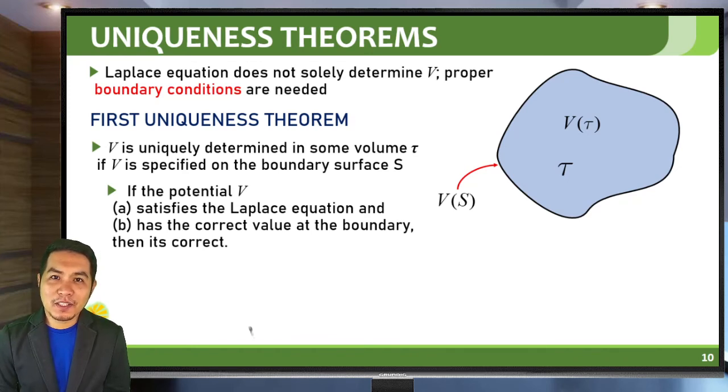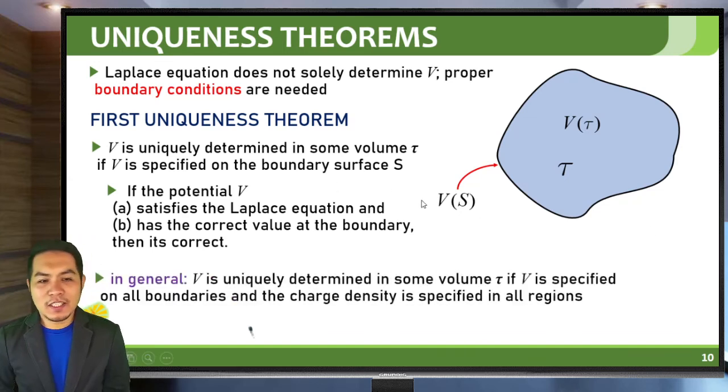So make sure that after every calculation of the potential, you cross-check your result with the boundaries and with the Laplace equation. If you apply the Laplace equation, it becomes 0, and if you apply the boundary conditions, it satisfies the boundary conditions.